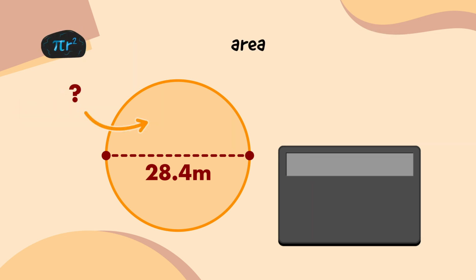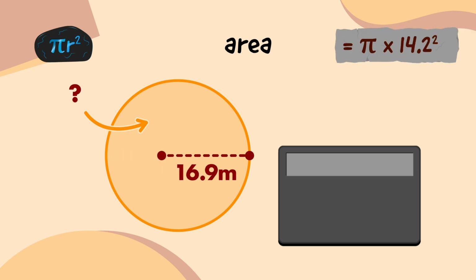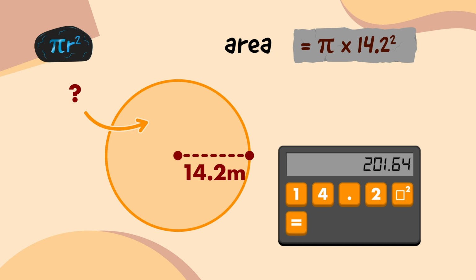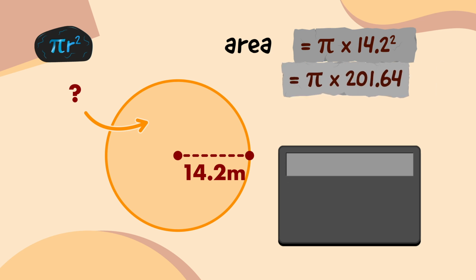Now let's work out the area. On my calculator, I'm going to start by doing the radius squared. If the diameter is 28.4 and the radius is half the diameter, that means the radius is equal to 14.2. So I'm going to type 14.2, press the square button and press the equals button, which gives me 201.64. Then I'm going to multiply 201.64 by pi.